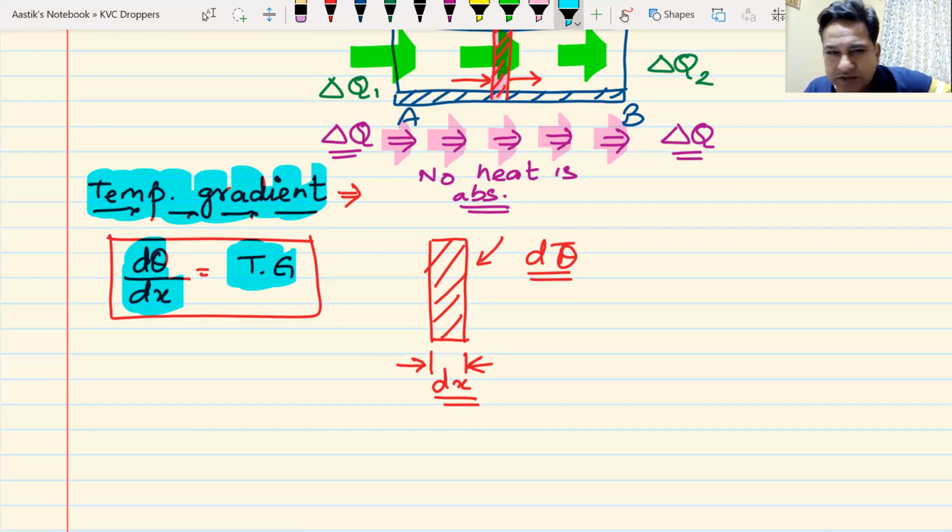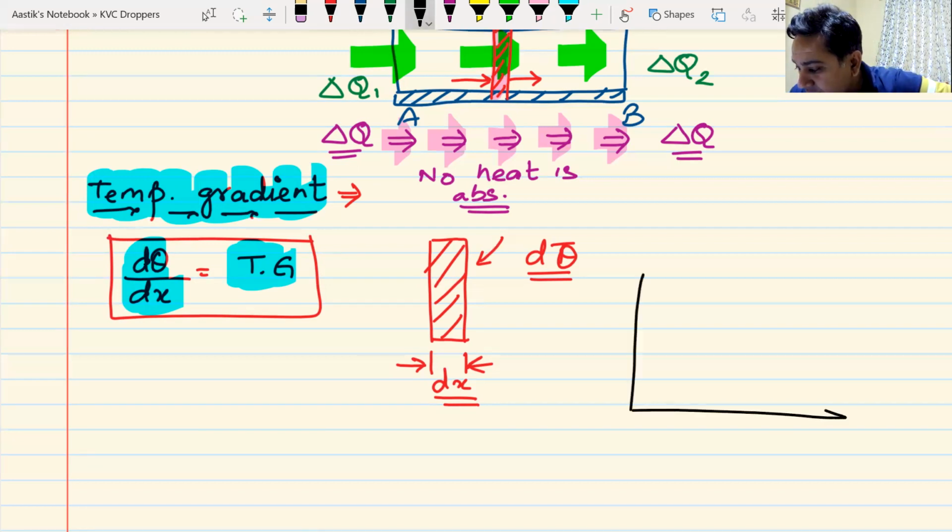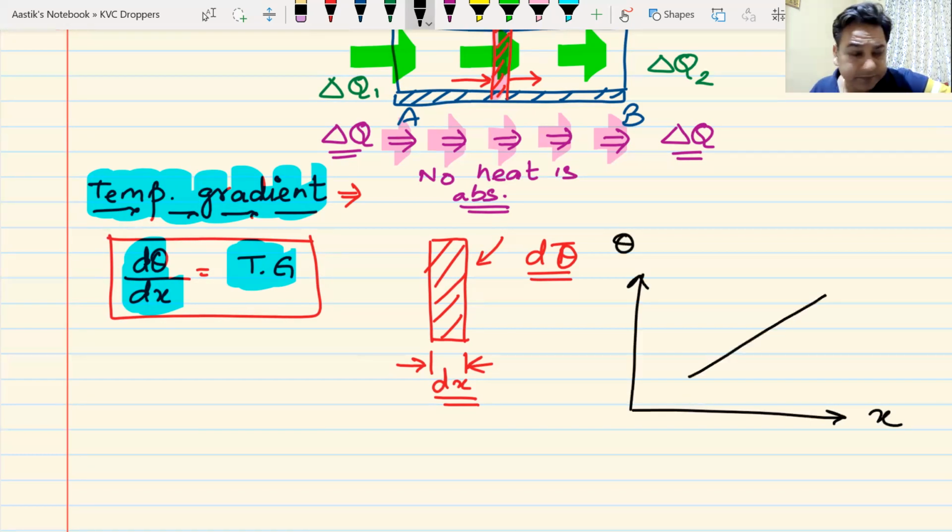So tangent and all those straight lines come. If I draw a graph between x and theta, this d theta by dx is the tangent of this graph.